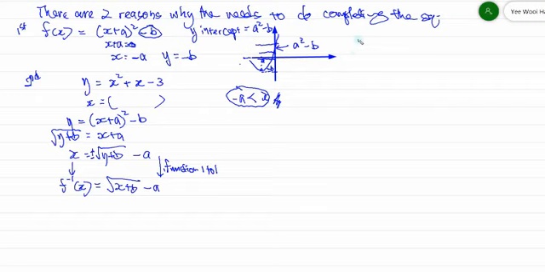Now let's take a function y equals x squared minus 3x plus 4. Remember, to do the completing the square, you must create an x squared term and an x term.